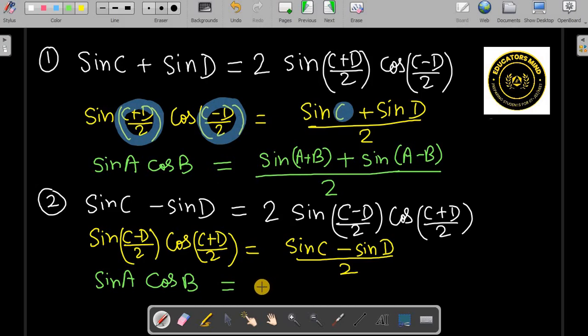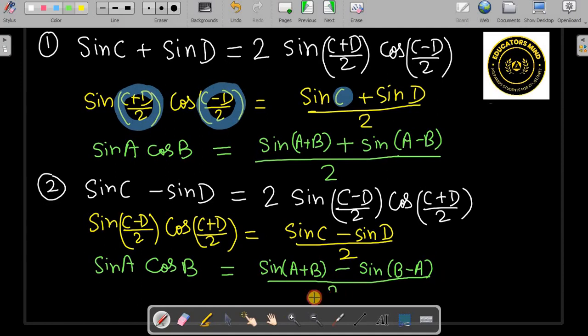So that means you can write this as sine (A plus B), correct? And D, how will you get D? You have to get it by writing (C plus D) by 2 minus (C minus D) by 2. That means you have to write B minus A, and here it will be minus. So this will be sine of (B minus A), this whole thing divided by 2.